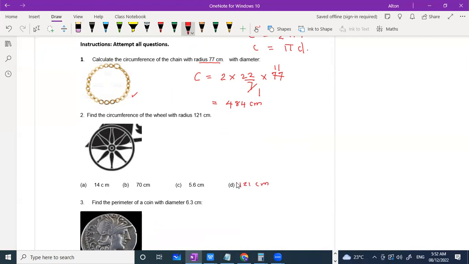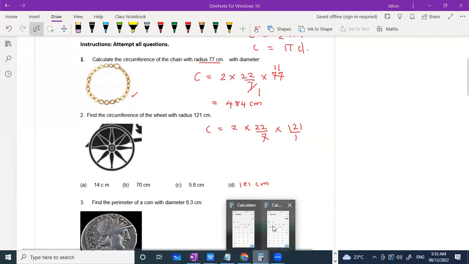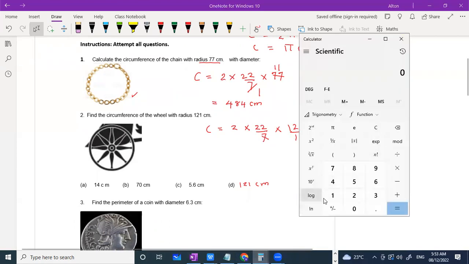Okay, so the circumference here would be 2 by 22 over 7 multiplied by our radius 121. All right, let's see how many times 7 could go into 121. 121 divided by 7 is 17 point something, but let's continue with the calculation.